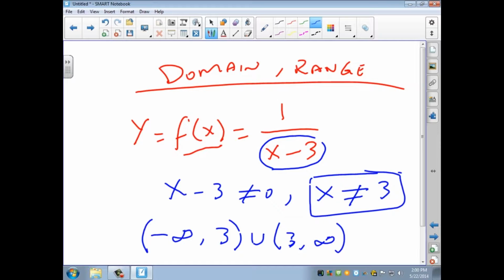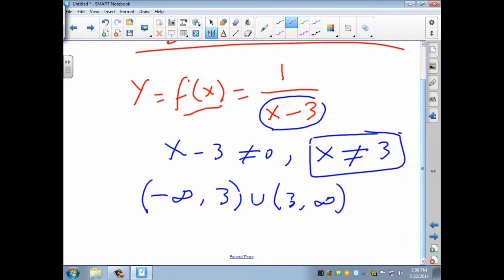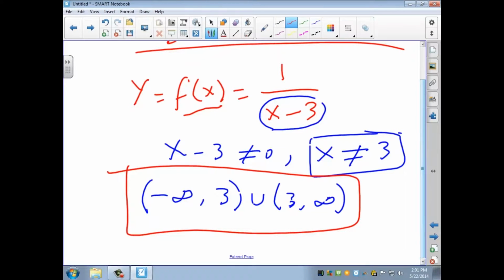The only thing which is not included in this domain is 3.